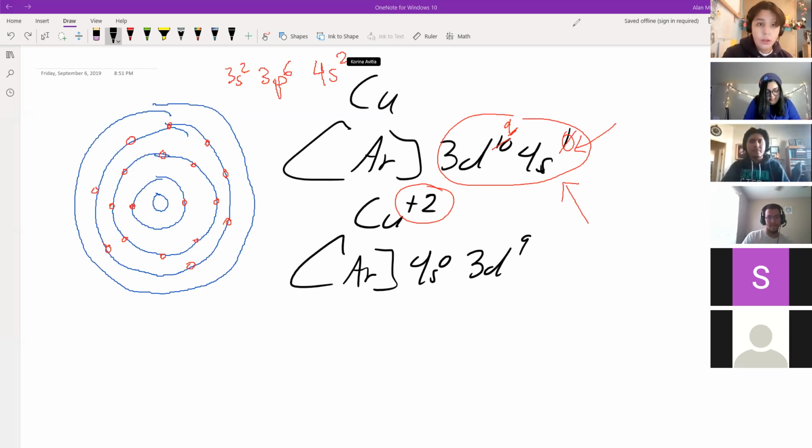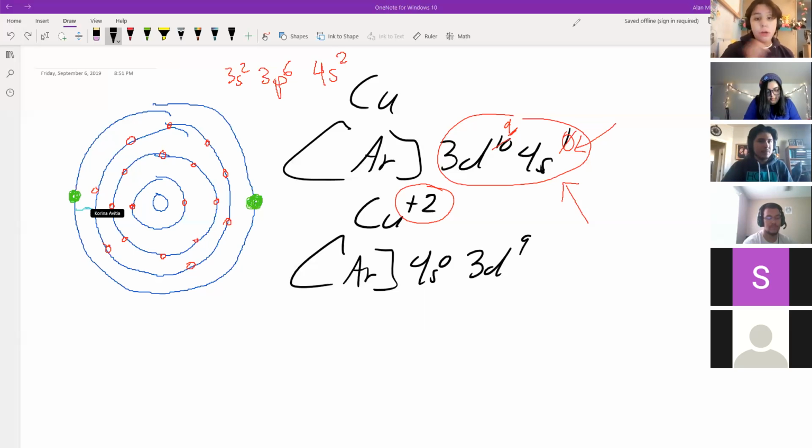I'm gonna put it in a different color so it's a little bit more visible. These green ones are the 4s, right? Remember the d orbitals are filling up on the third shell. That's why they have a lower energy, because they're starting to fill up the previous shell.